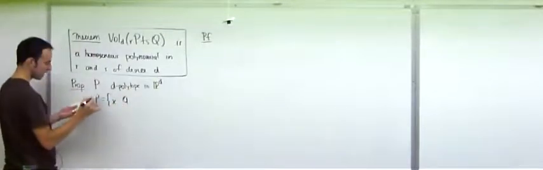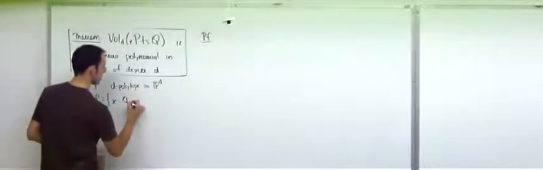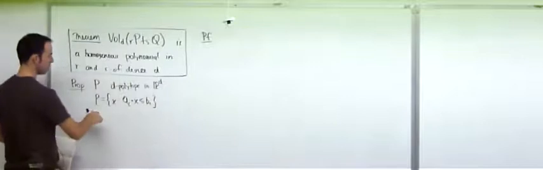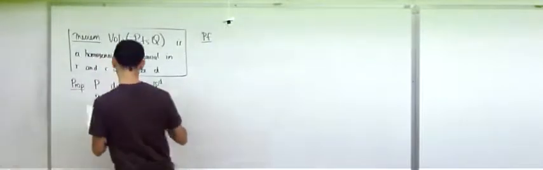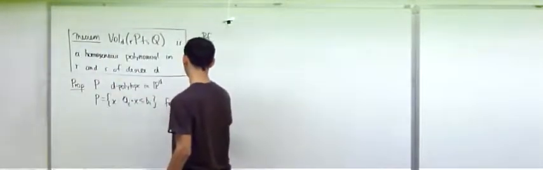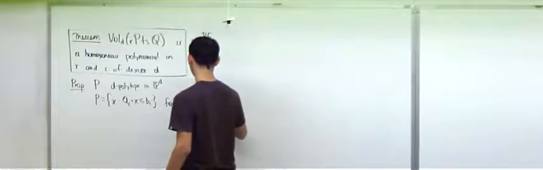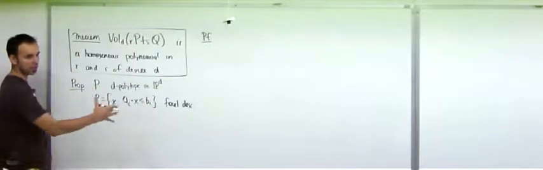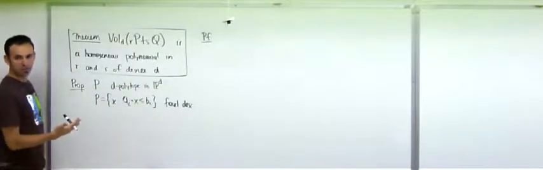Let's see what notation I used. So these are the different inequalities for P. This is the facet description. And the point is that here I have all the inequalities, and I don't have any unnecessary inequalities.